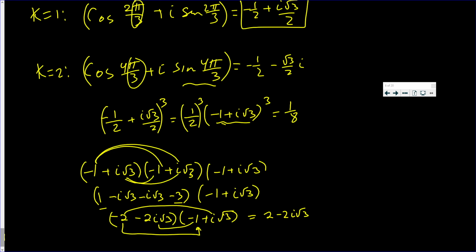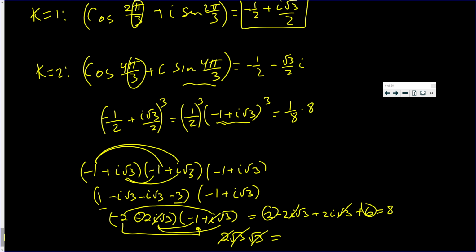And then we get plus 2I square root of 3. So that cancels out. Then here, I times I is negative 1, times the negative in front becomes positive, and you have 2 times square root of 3 times square root of 3. That is 3 times 2, which is 6. Look at this. 2 plus 6 is 8. Times 1/8 is 1.